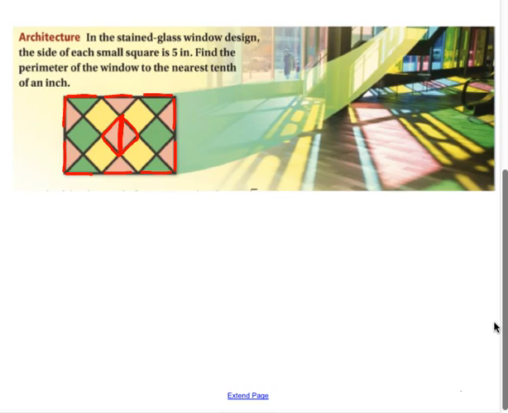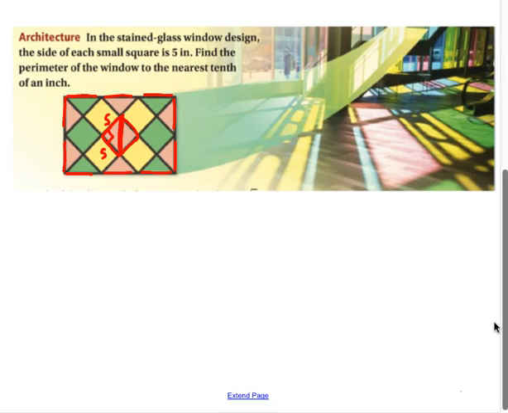Well, what do I know so far? Well, I know that the side of each square, each side is going to be 5. Okay, I also know this is a right angle. So I'm hoping that you can see back from geometry, how can I find that diagonal?